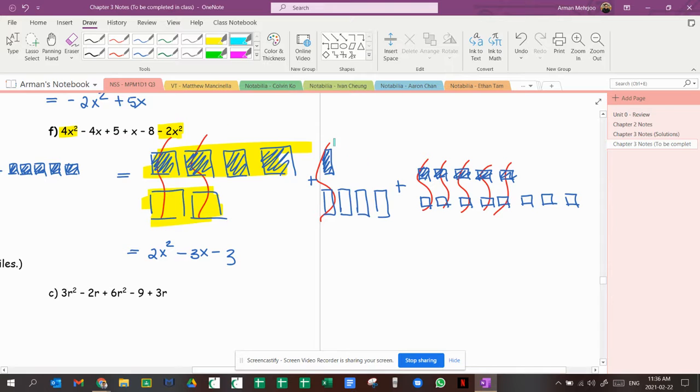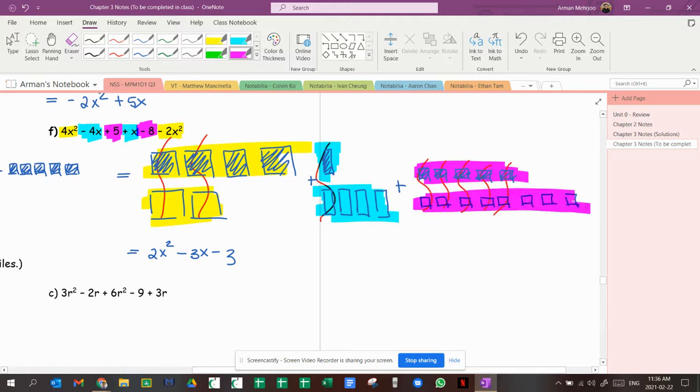And then I went and collected all of my x terms, so my positive x and my negative x's. And then I collected my ones, so I have my positive 5 and my negative 8. See how I grouped up my like terms? And then after crossing out my zero pairs, I simplified.